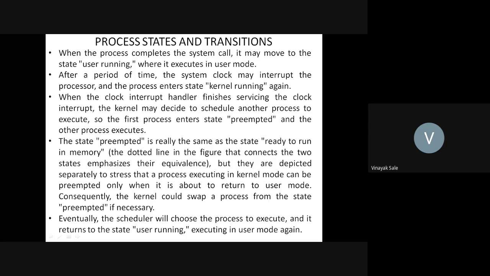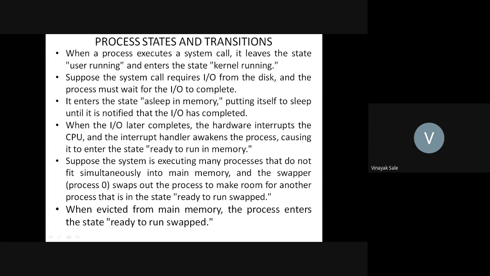Eventually the scheduler will select the process to execute and it returns to the state user running, executing in user mode again. When a process executes a system call, it leaves user running and enters kernel running.